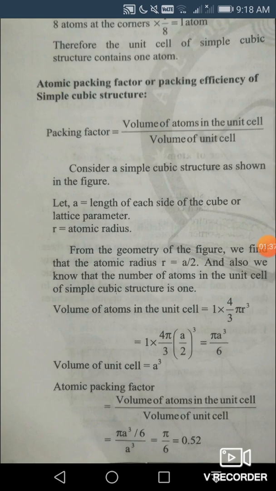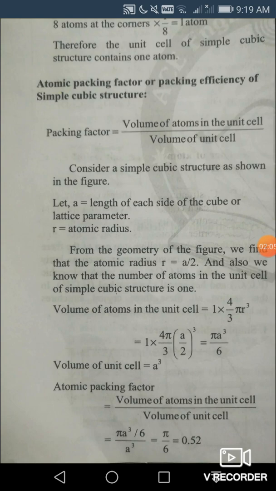So packing factor is defined as the volume of atoms in the unit cell divided by the volume of the unit cell. Here A is the length of each side of the cube, also called the lattice parameter, the distance between the atoms, and R is the atomic radius. We have seen that 2R is equal to A, because it is a square, which gives R equal to A by 2.